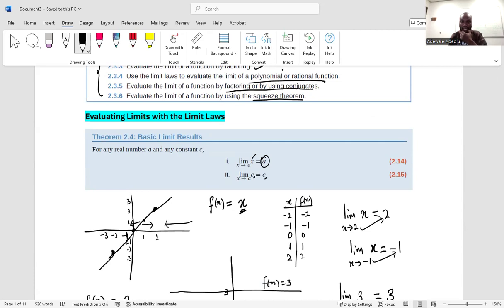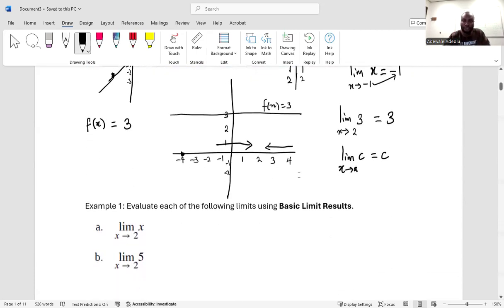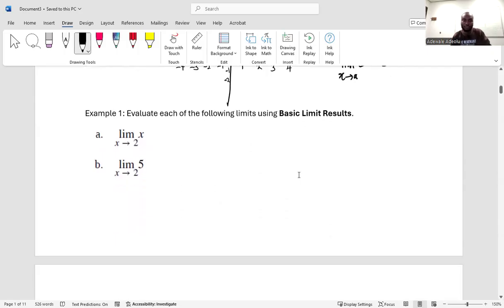All right, so please do not forget the two results. So quickly, if we use the basic limit results that we just have, the limit of x as x goes to 2, well, from what I just explained, our answer is going to be 2.